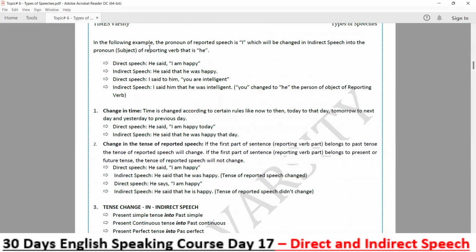In the following example, the pronoun of reported speech is I. You can see here, direct speech, he said, "I am happy." The pronoun I is used here. It will be changed in indirect speech into the pronoun of the reporting verb, that is he.